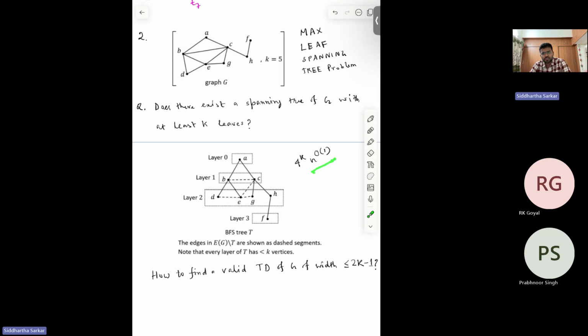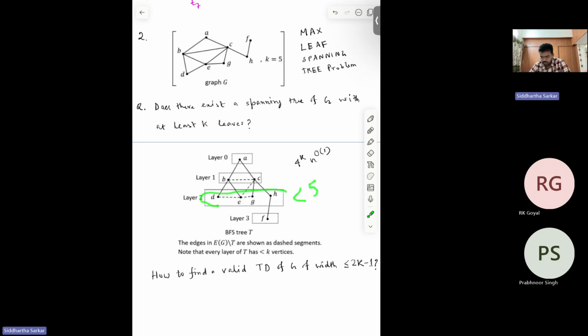So let's believe that, I don't know what they have done in the video, but even if you do it naively, there is not much we are going to lose. But so far so good. After you form the BFS tree which respects your desired property, that none of the layers is too large, so in every layer there are at most, in this case, five vertices.